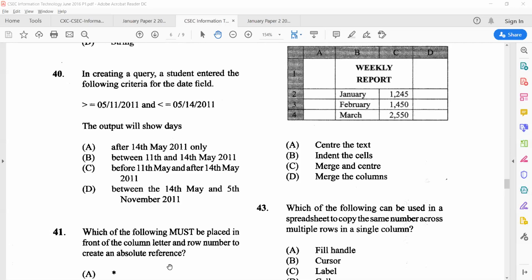All right? So that's the first step. Secondly, to decide which days will be shown, you're going to see everything that is greater than or equal to the 11th of May, and everything that is before the 14th of May. And where that falls is between the 11th and the 14th of May 2011.